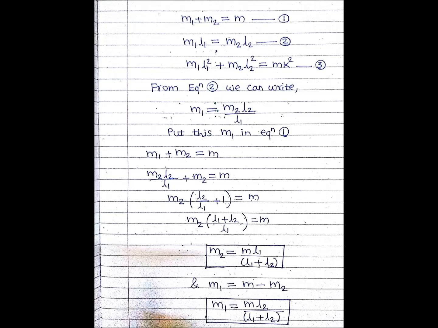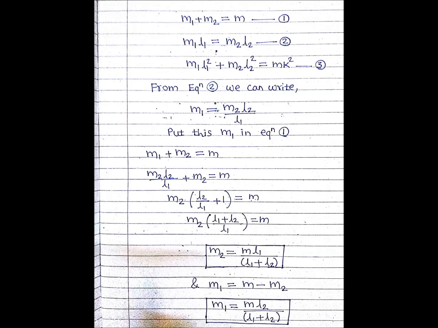From equation 2 we can write the relation for m1 as m2 l2 divided by l1. We can put this relation in equation 1, and after mathematical arrangements for m2 we will have the relation m l1 divided by l1 plus l2, and as we know m1 plus m2 is equal to m, for m1 we can write m minus m2, and for m1 we will get the relation m l2 divided by l1 plus l2. Now here you will notice it is the same as the lever rule.